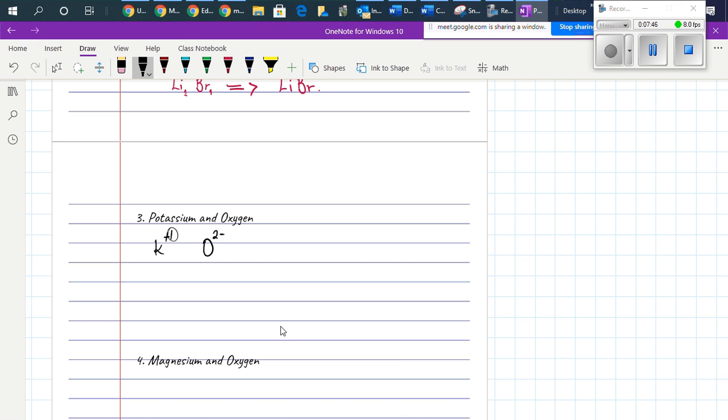So those switch places, and then this becomes K2O1, which we do not write, so it will be K2O. And the name will be potassium oxide.